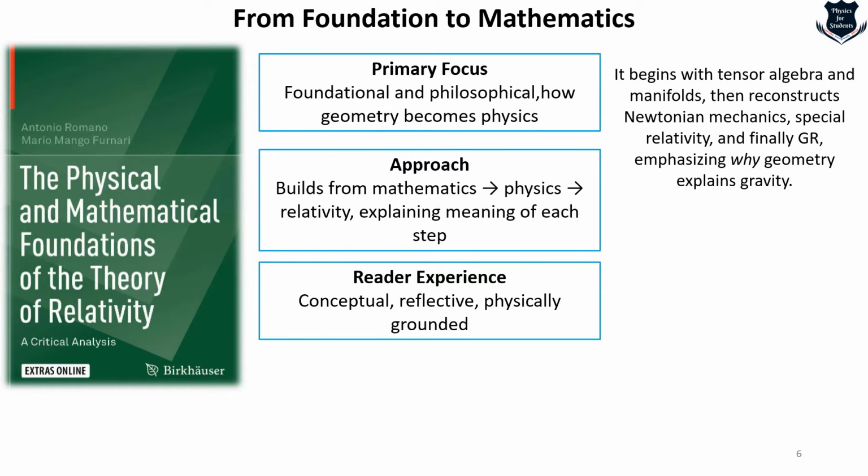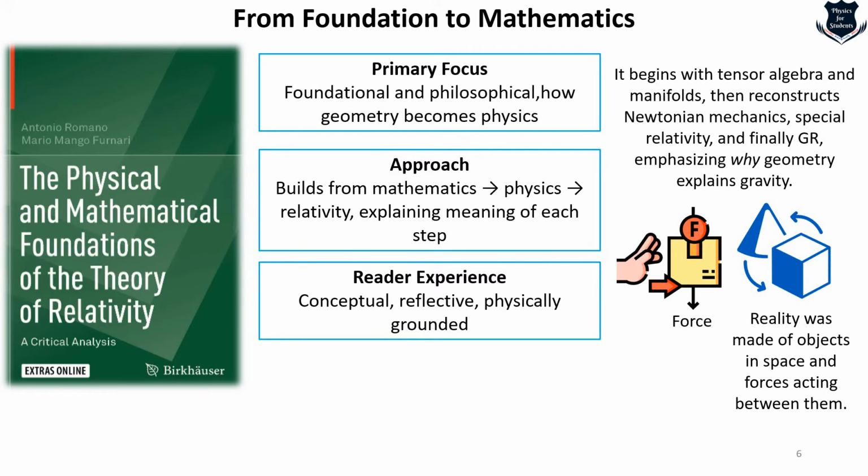Then the authors talked a lot about revisiting Newtonian mechanics, finally general relativity, and emphasizing why geometry explains gravity. So what was thought to be a fictitious force, we saw that the reality was made up of objects in space and forces acting between them, and that geometry actually became the underpinning force of reality.